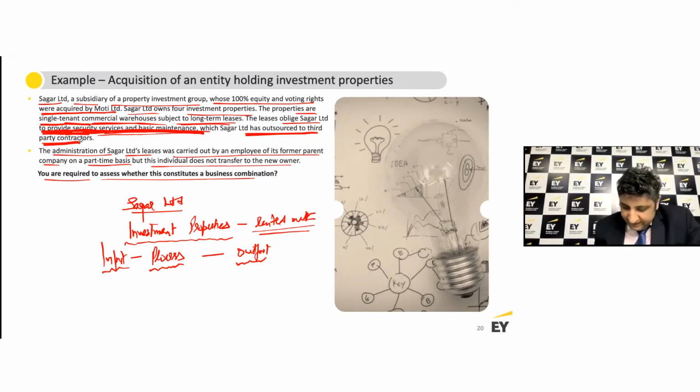Effectively, the idea is that as far as Sagar Limited's operations or the processes are concerned, they are not material from the execution perspective, right? They're not a key aspect of, let's say, how Sagar Limited is running its operations.